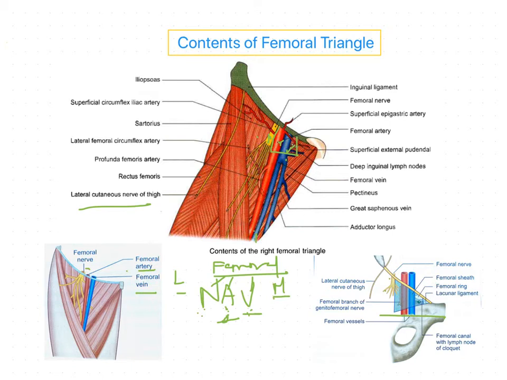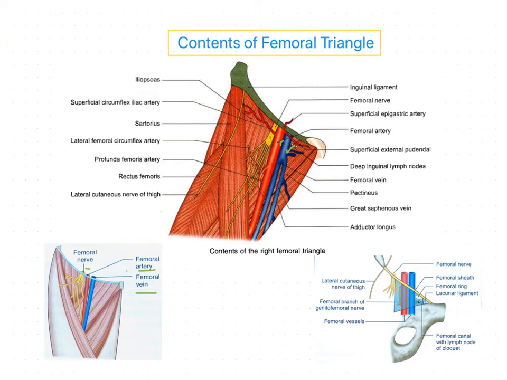In the contents we can see another one, that is the deep inguinal lymph nodes. Deep inguinal lymph nodes lie deep to the deep fascia. These lie medial to the upper part of the femoral vein. Here you can find the deep inguinal lymph nodes by the side of the femoral vein.